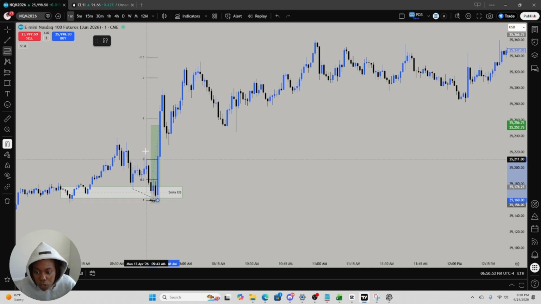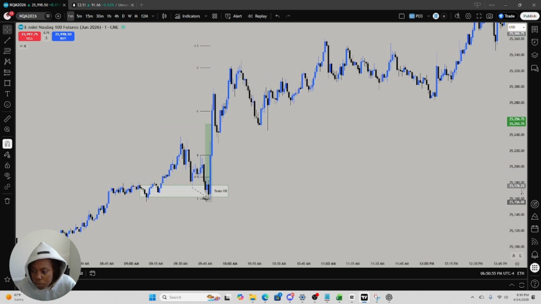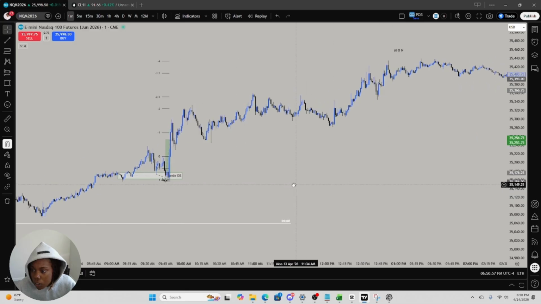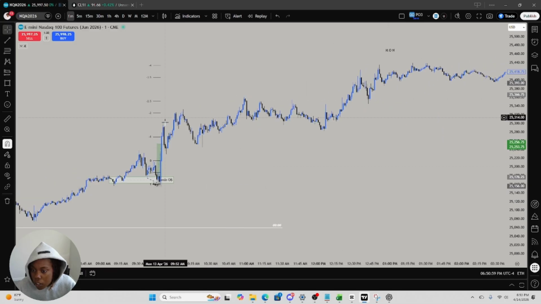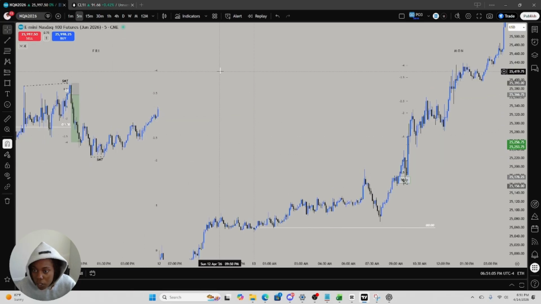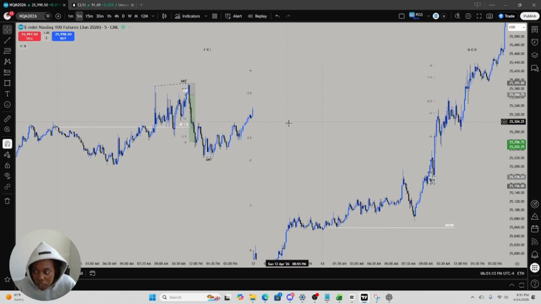Not only that, if I was to put in our standard deviation projection from this first displacement right here, that first low, it kind of gives us the projection for how everything went. Not only that, it aligns with past standard deviations. I mean, past power of three, right? Look how it aligns with these highs to the left.